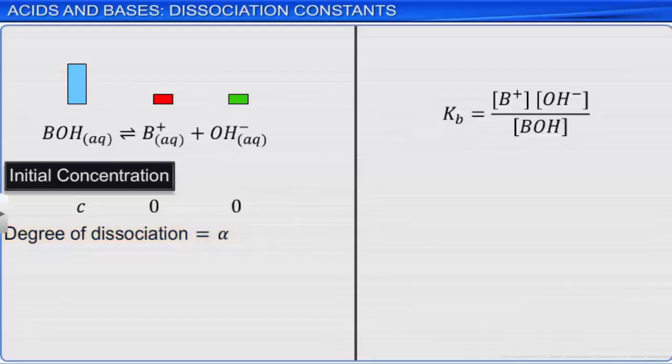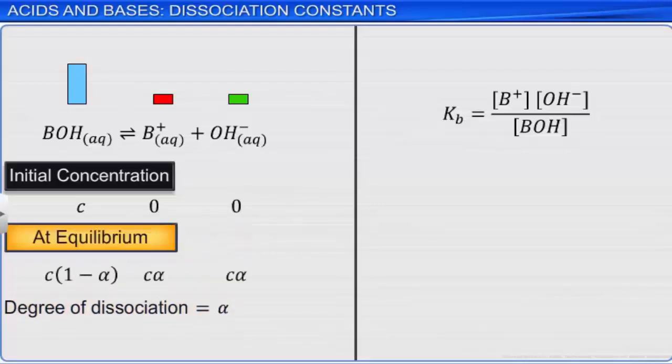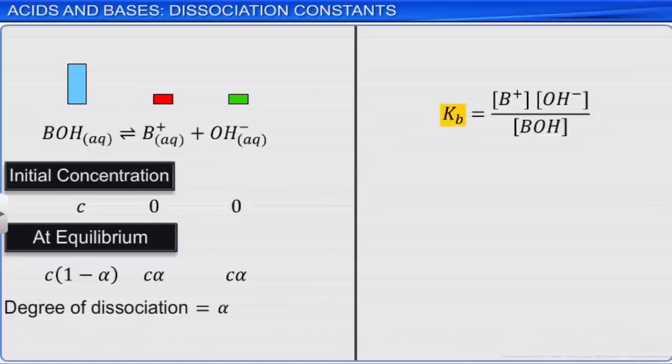At equilibrium, the number of moles of the reactants will be 1 minus alpha and of the products C alpha each. The dissociation constant Kb for this dissociation equilibrium can be written as Kb is equal to the product of concentration of OH minus and B plus ions divided by concentration of BOH.